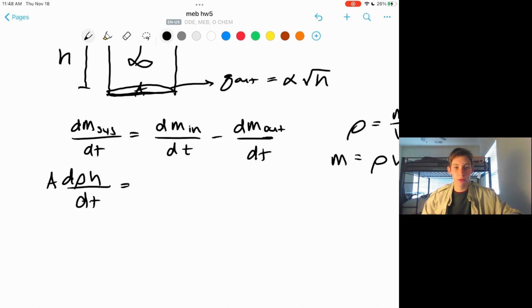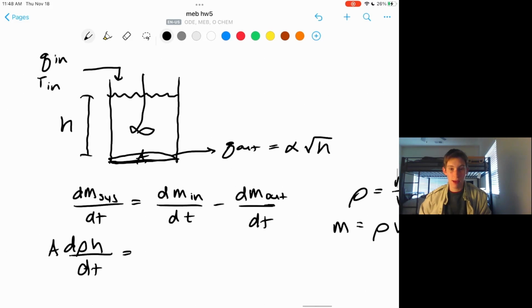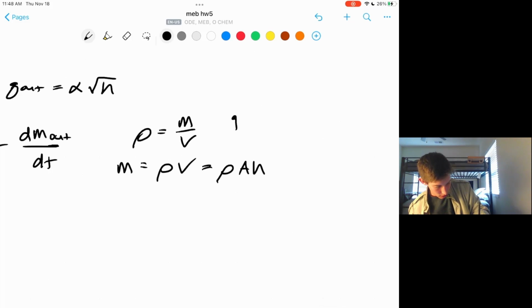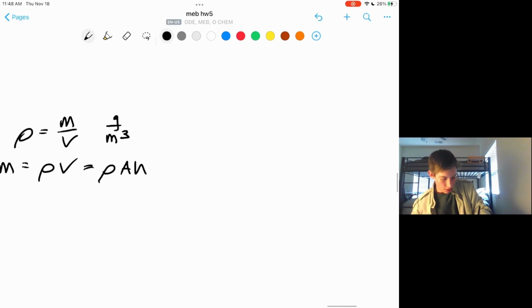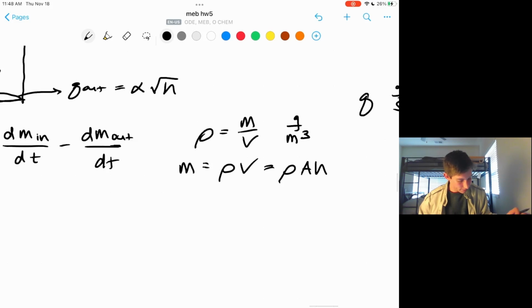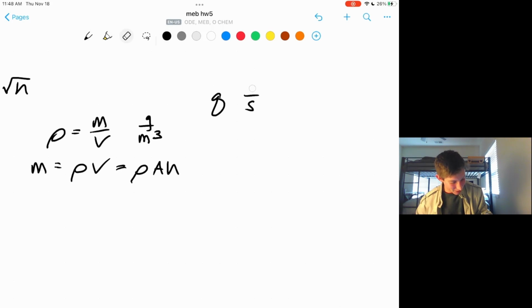For the right hand side of the equation, we can express this as the flow rate times the density, because the units on density are grams per meter cubed. The units for flow rate are meters cubed per second. So when you multiply these two, you're left with grams per second.